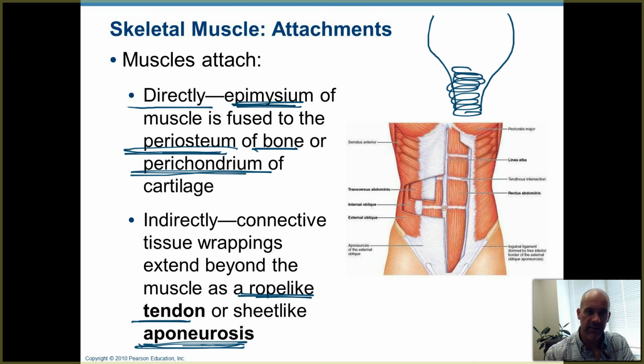These are sheets of dense connective tissue that connect muscles to each other and to underlying tissues of the body. Like when you look at your abdominal muscles, you've probably seen them drawn with gray tissue around where the abdominal muscles are located. That's an example of an aponeurosis. In those gray areas, you don't have skeletal muscle tissue, you have dense regular connective tissue linking those abdominal muscles together.